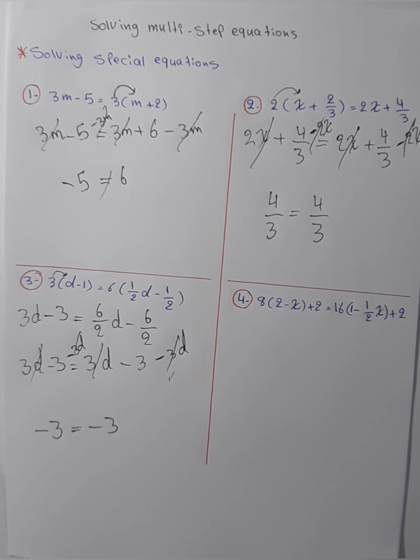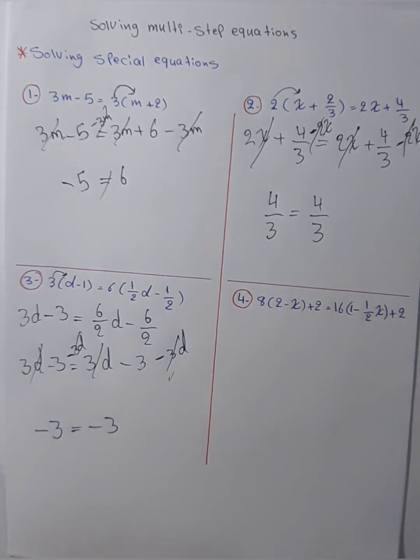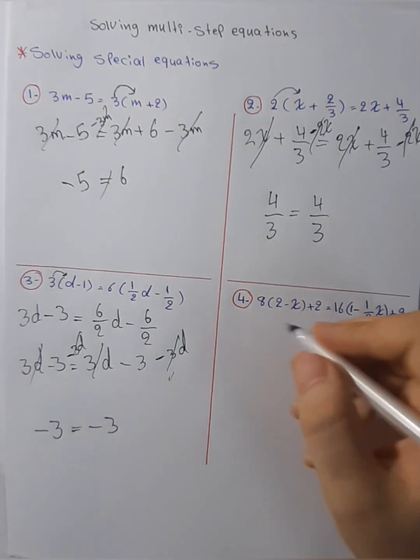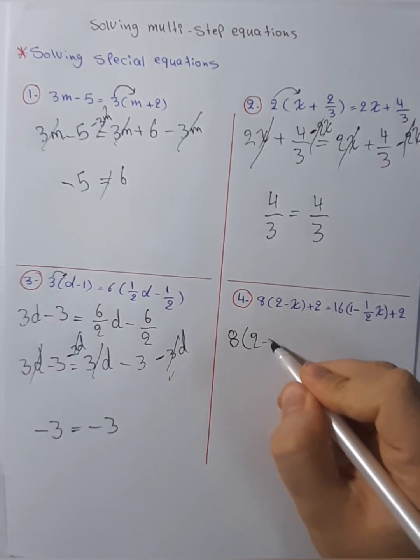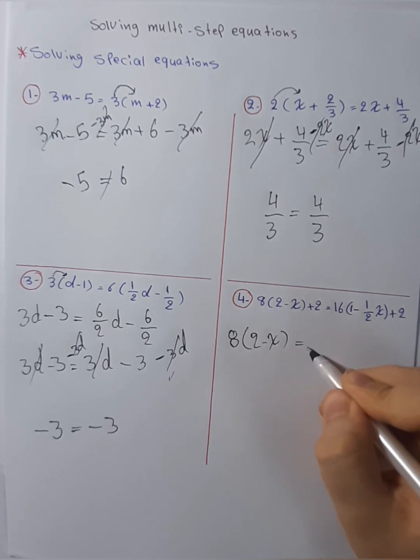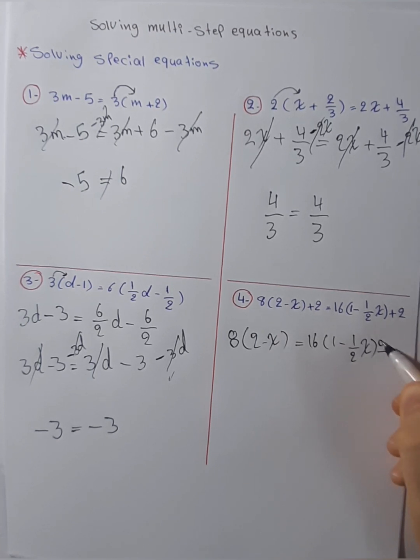The last example, example number 4. First, we can change the place of positive 2 to the right side. You have to write 8 times 2 minus x equals 16 minus 1 out of 2 x, and then we have plus 2 minus 2.